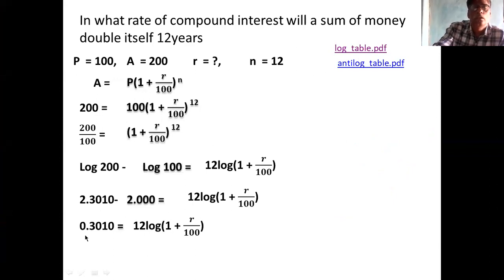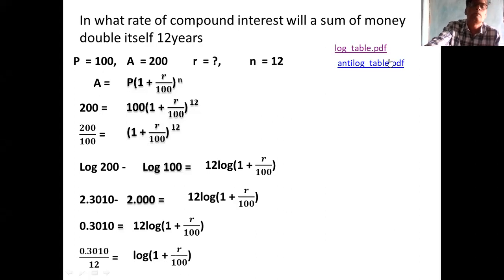If you deduct it, the next step is 0.3010. Then you take the 12 to the left hand side. That is 0.3010 divided by 12 is equal to log of 1 plus r by 100. In the next step, 0.0251.